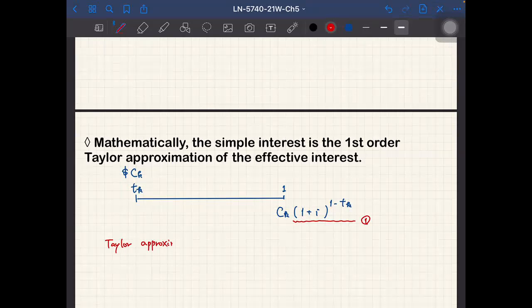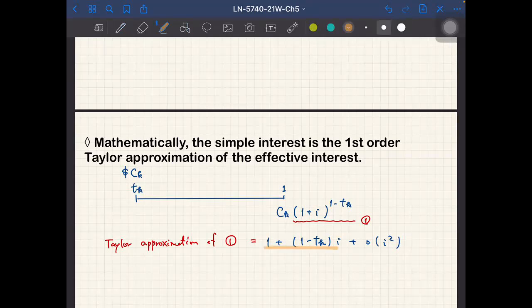If you differentiate it, you can get the first order approximation, which is 1 plus 1 minus Tk times I, plus higher order terms of I. So this is approximated by 1 plus 1 minus Tk times I, and this equals the simple interest.